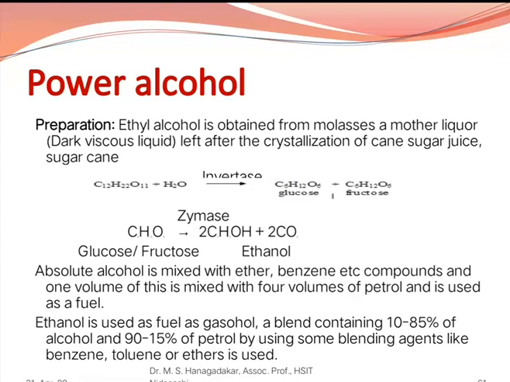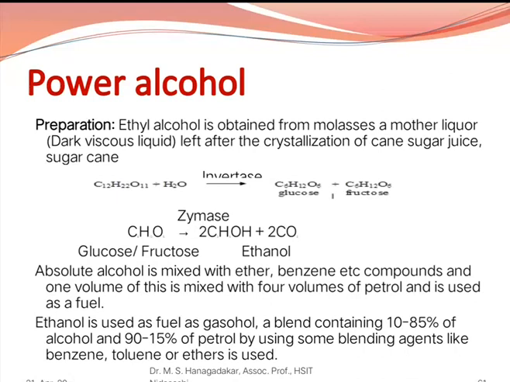And ethanol is used as the power alcohol, containing 10 to 85 percent of alcohol mixed with 90 to 15 percent of petrol. Means ethanol is used as the fuel.